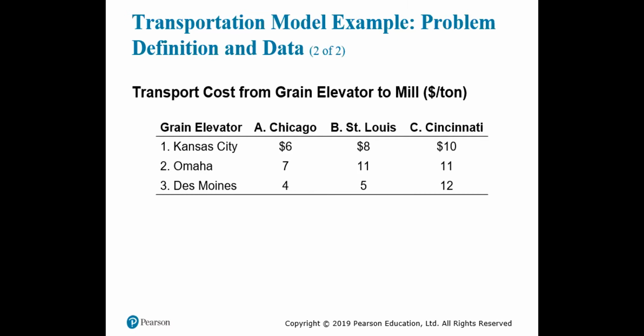Okay. You do the same thing for this, and then equate that to the respective supply. And then do the same for the third one. So that's for what? That's the supply constraint. Okay. After that, you have to do the demand constraint.